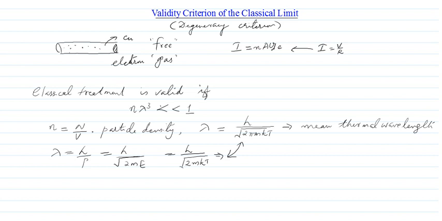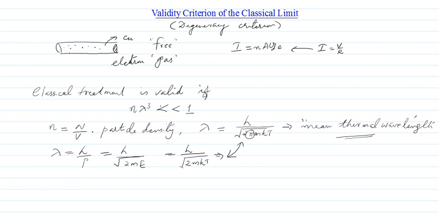The only difference is an additional factor of pi. Of course, this quantity has the dimensions of wavelength. This quantity, which depends on the temperature of the system, is named the mean thermal wavelength because of the similarity of this expression with the de Broglie wavelength h by root of 2m kT at a temperature T.